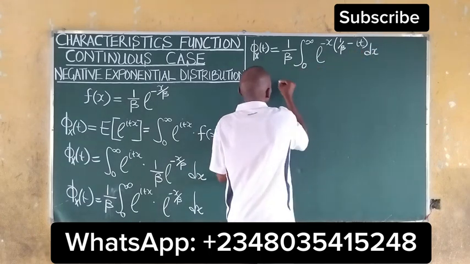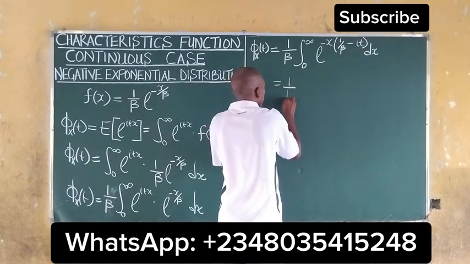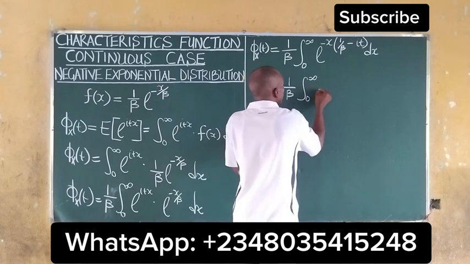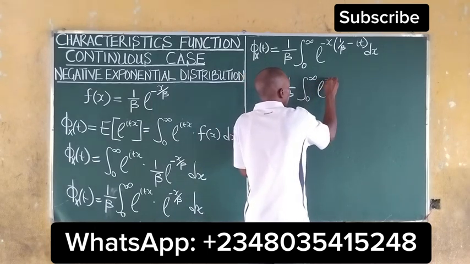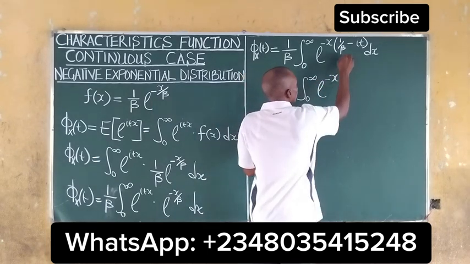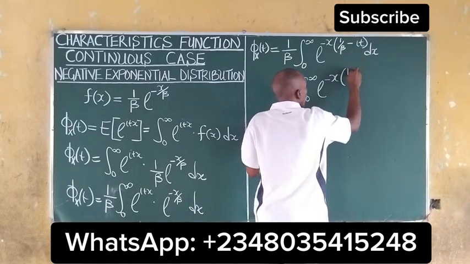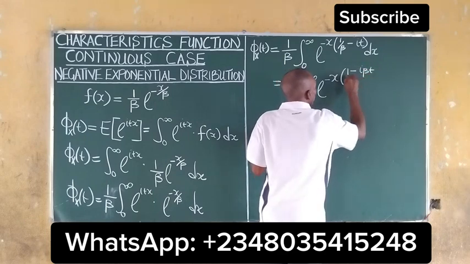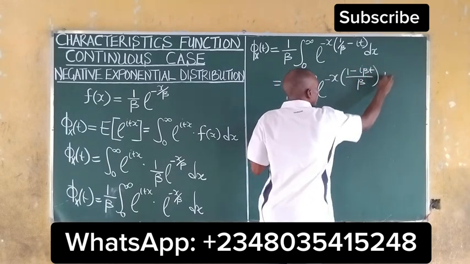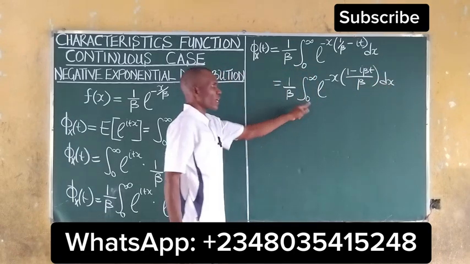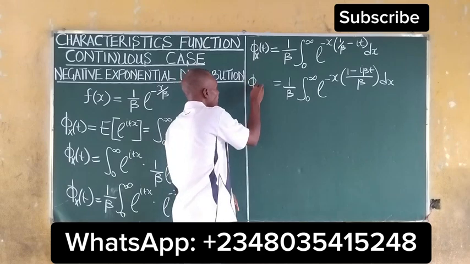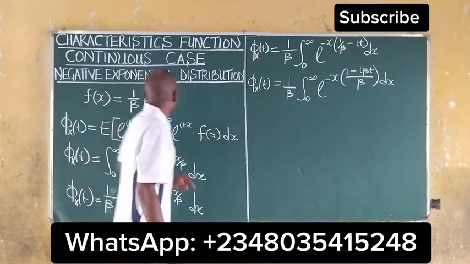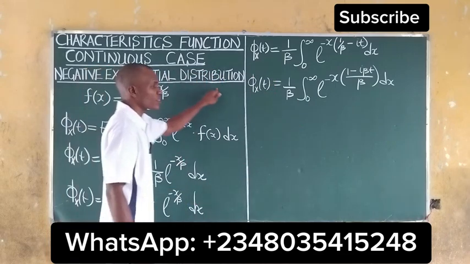So we just arrange this, which is the same thing as 1 all over beta, the integral from 0 to infinity of e^(-x(1 - i beta t)/beta) dx. So this is what we get. It is still our characteristic function. We are trying to derive the characteristic function for the negative exponential distribution.